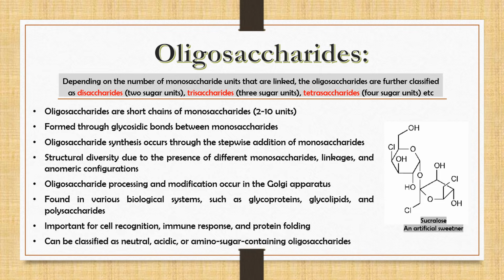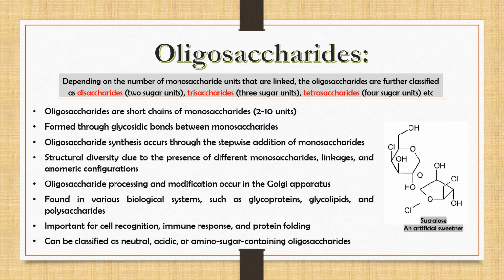Structural diversity found in oligosaccharides is due to the presence of different monosaccharide linkages and anomeric configurations. Depending on the number of monosaccharide units that are linked, the oligosaccharides are further classified as disaccharides, trisaccharides, tetrasaccharides, and so on.